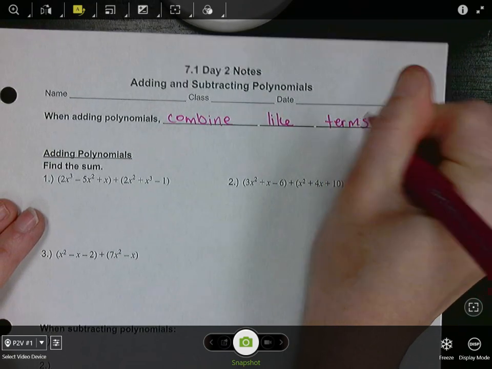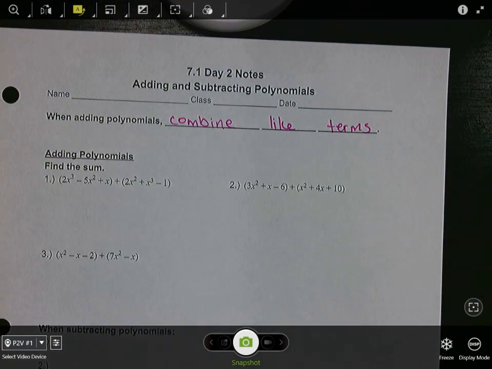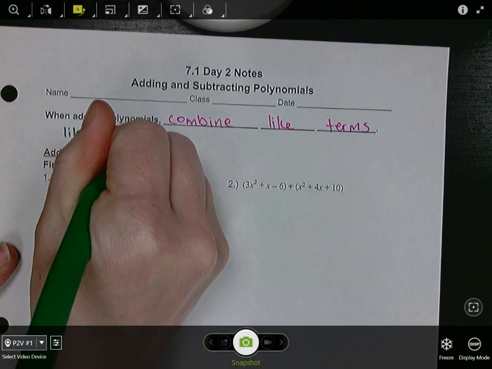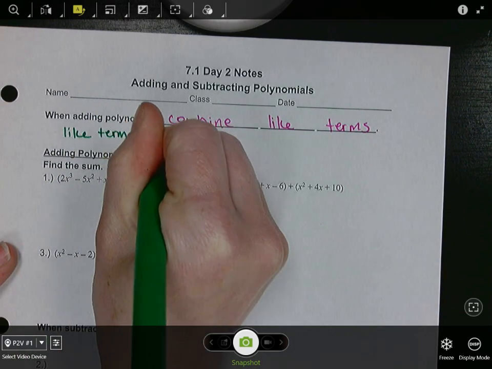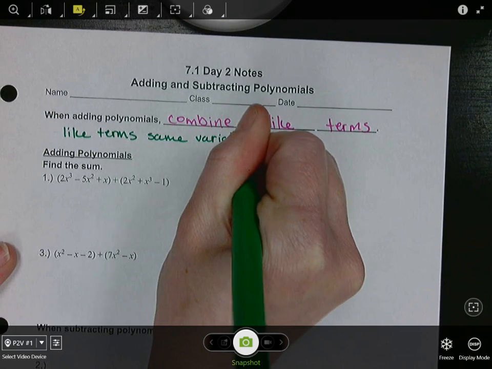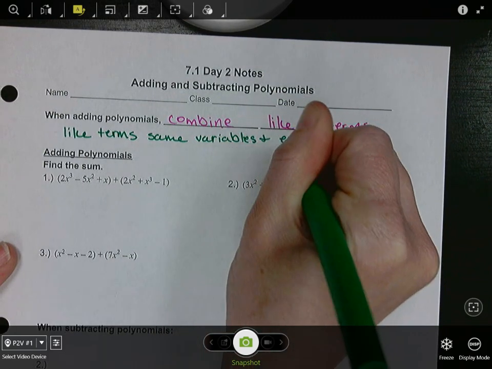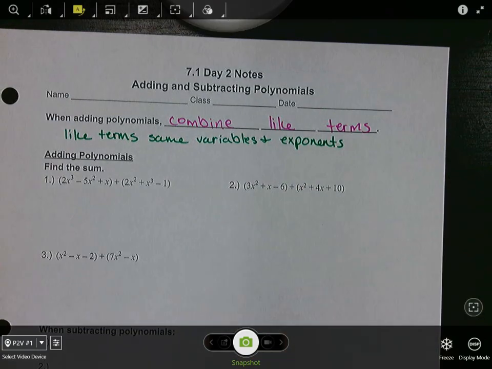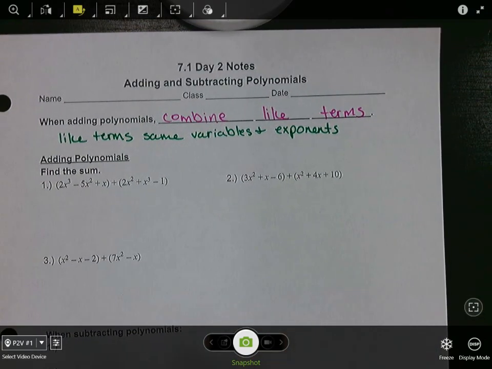Okay? And like terms are terms that have the same variables and exponents. So if they do not have the same variable or the same exponent, you cannot add them together.